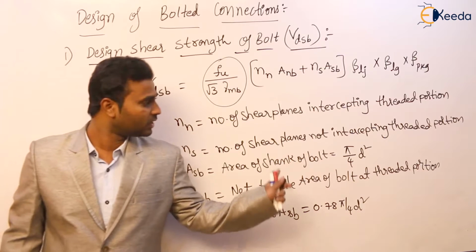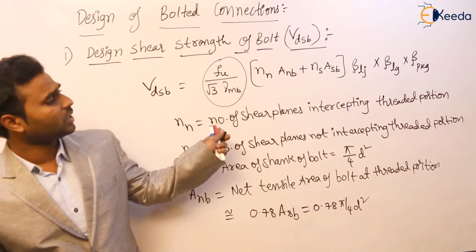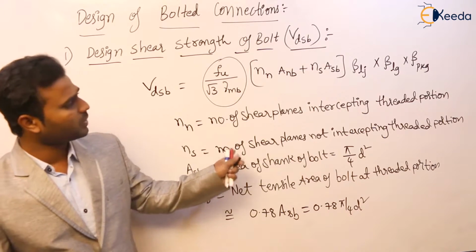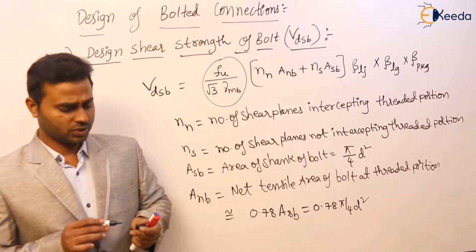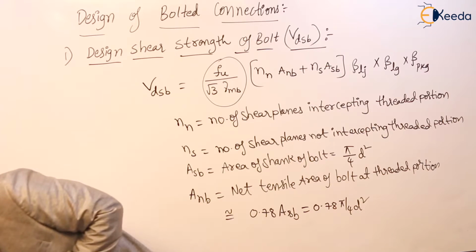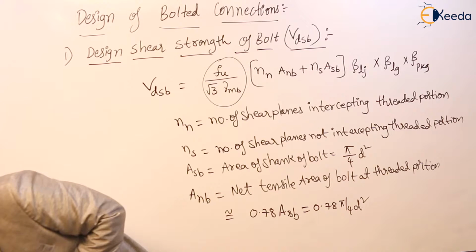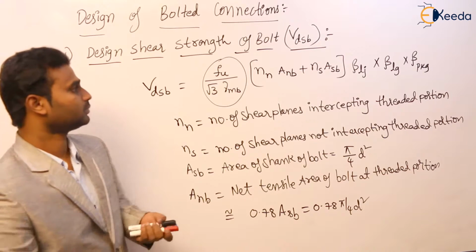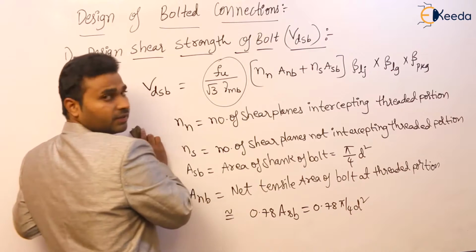So first you take down the diagram. I'm going to explain the number of shear planes intercepting the threaded portion and not intercepting the threaded portion. First you take down. Okay, finish.